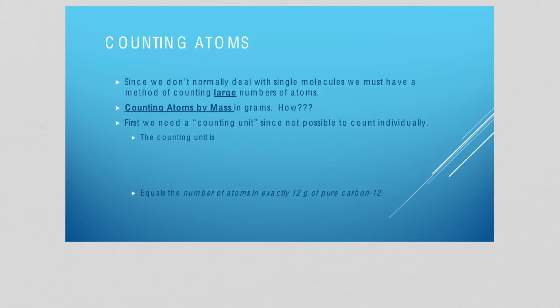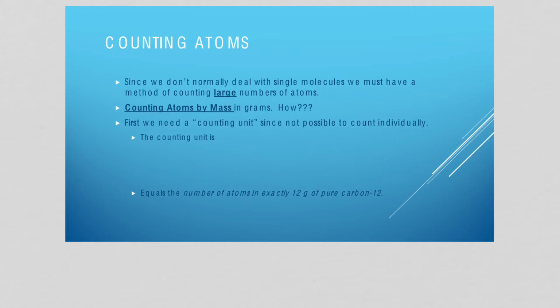So a lot of times when we have very large amounts of something, we use what we call a counting unit. A counting unit would be something like a dozen, or pairs, or some other unit that stands for a certain number of individual items.